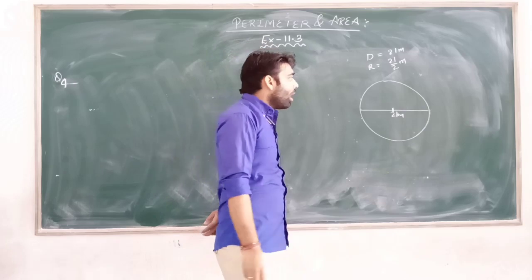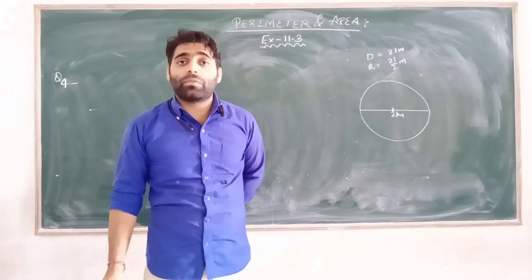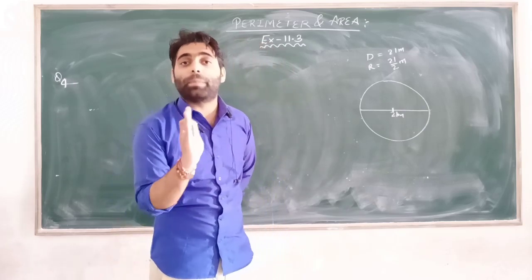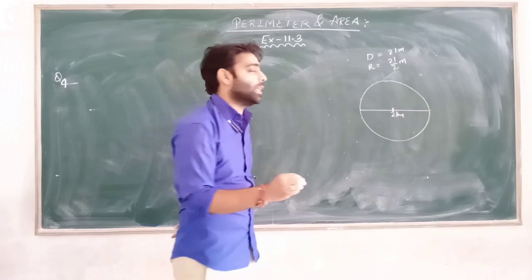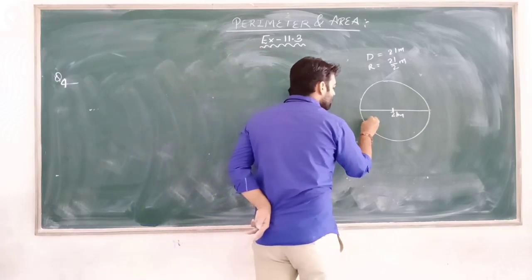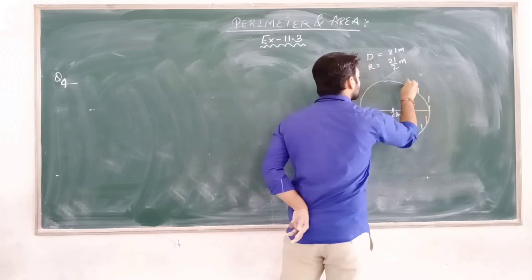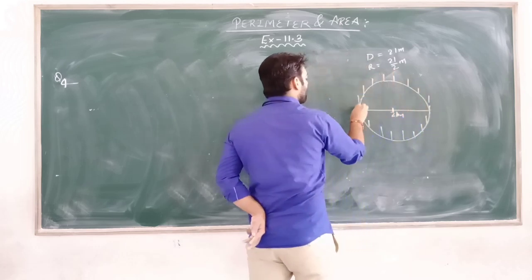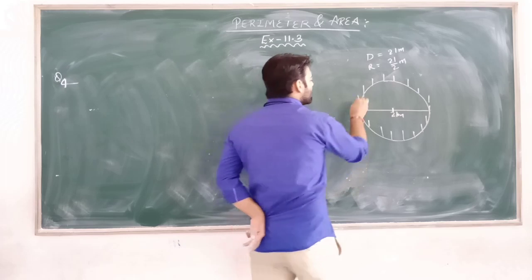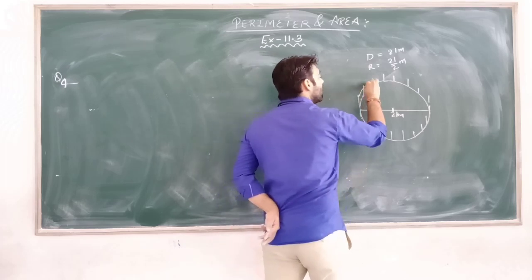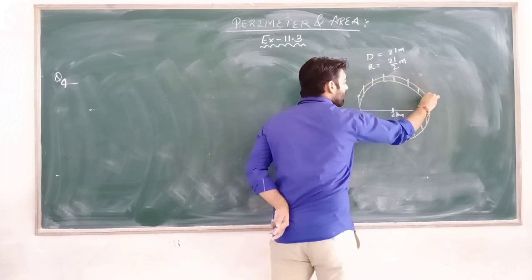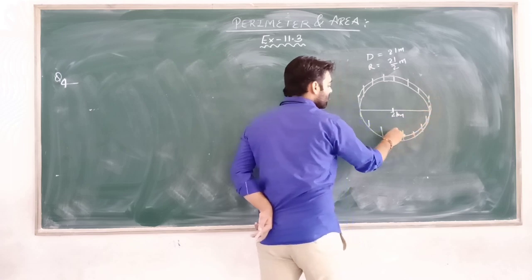A gardener wants to fence. Fence generally means perimeter or circumference. Suppose a gardener wants to fence it. He will start a rope from here and it will form a boundary like this.